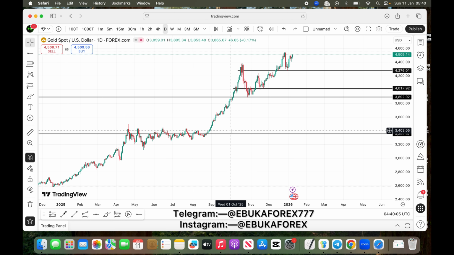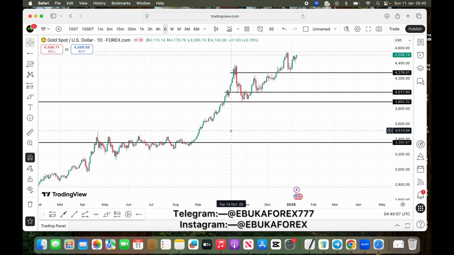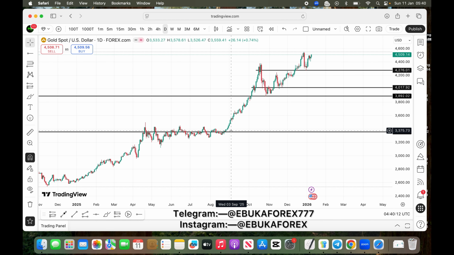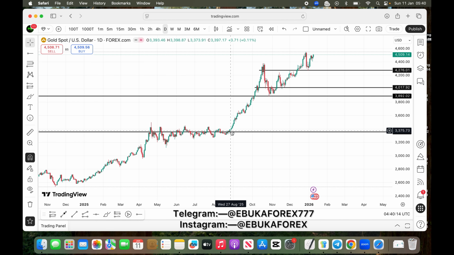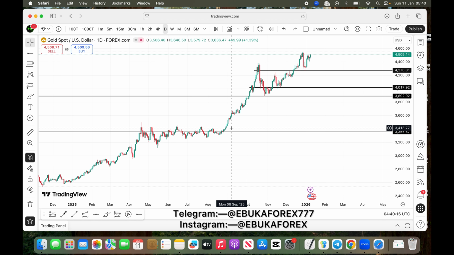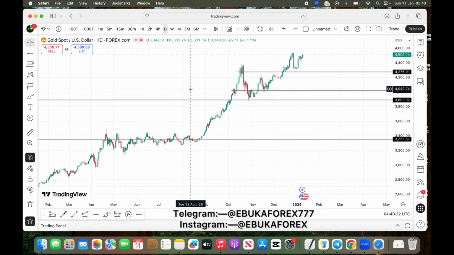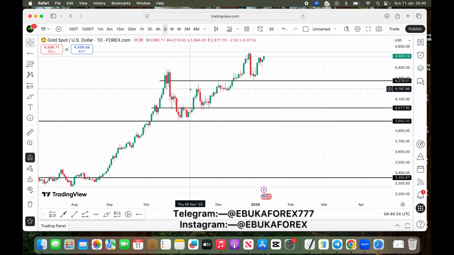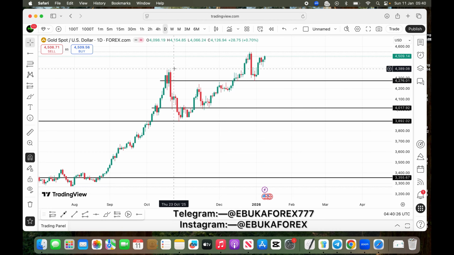That's why most times when I'm trying to trade, I only mark the major key levels on the higher time frame, then dive down to the lower time frame, like the 15 minutes time frame, for you to be able to spot the major key levels and all that.